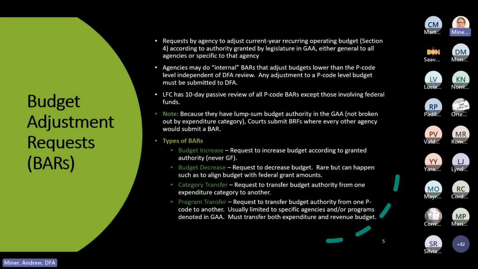So it's not just everyone. Okay. And of course, if you're doing this, you're moving both sides of your budget. So you have to remember to transfer both revenues and expenditures if you're having a program transfer authority. But again, that's fairly rare, and only rarely can agencies have the authority to do that.